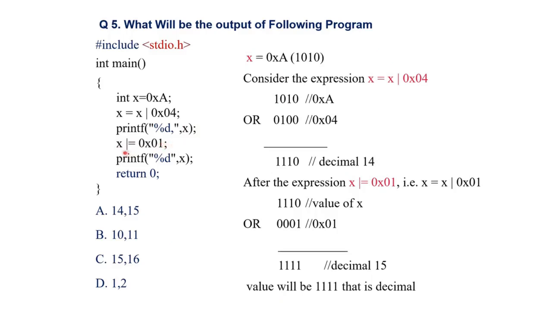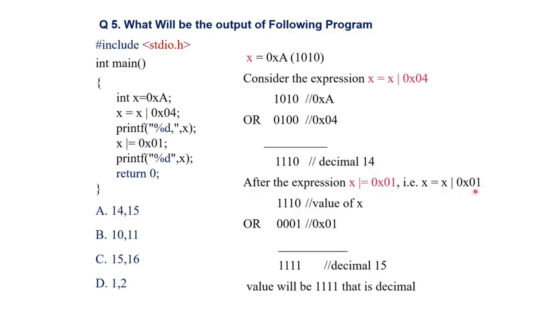See here, this operator is a shorthand assignment operator, and the statement x |= 0x01 will be equivalent to the statement x = x | 0x01, because this OR-equal-to is a shorthand assignment operator. So it will be expanded like this, x = x | 0x01.